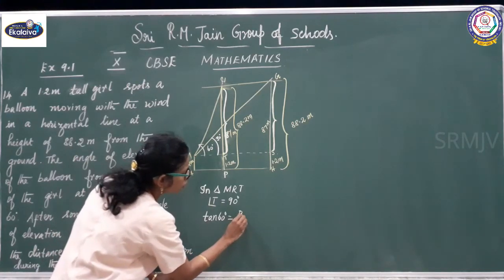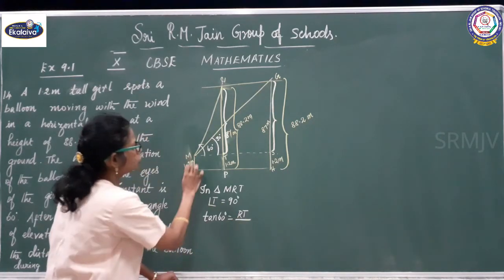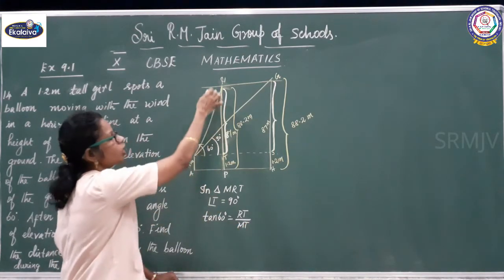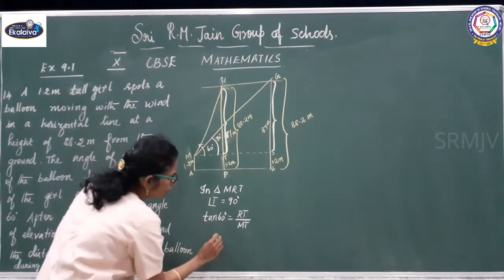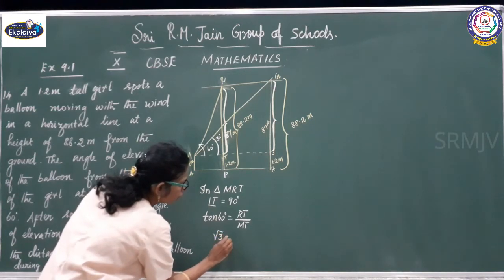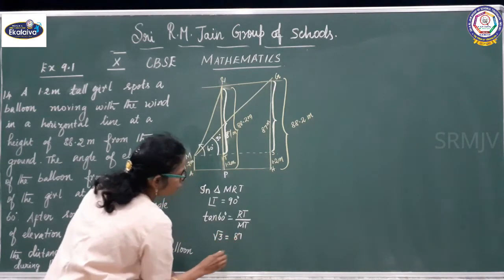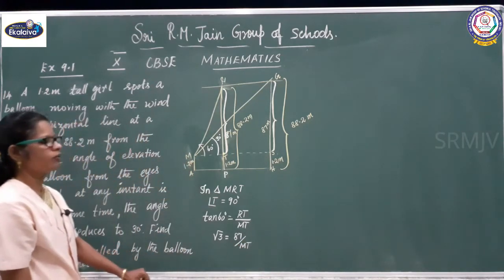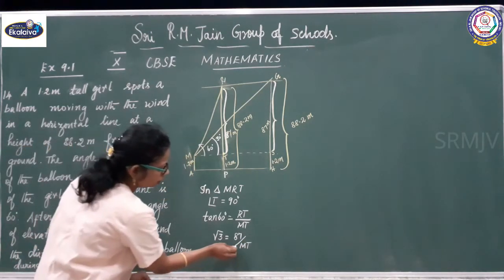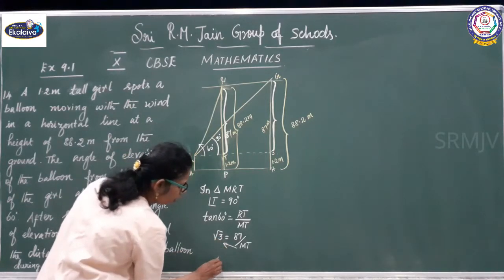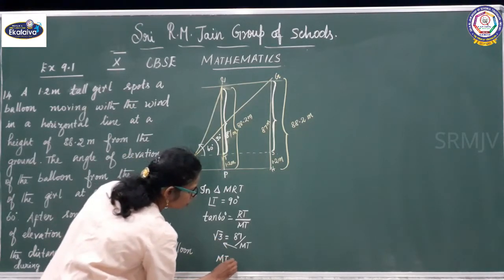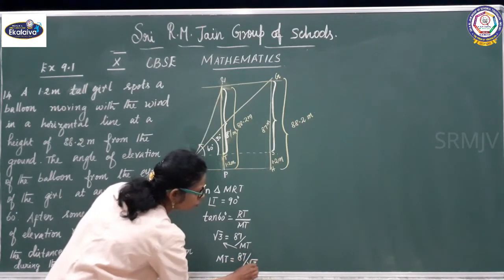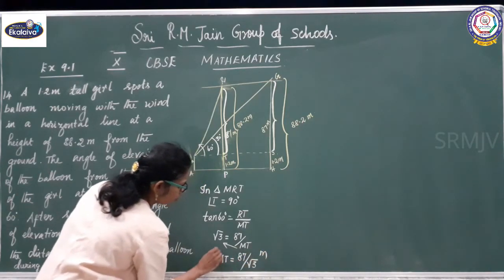Which is your opposite? RT. Which is your adjacent? MT. RT value you know, right? 87. Root 3 equal to 87 divided by MT. Then what is MT? MT equal to 87 divided by root 3 meter.